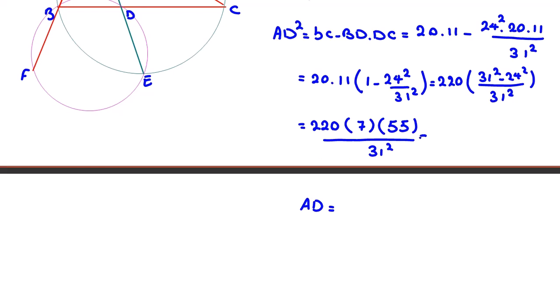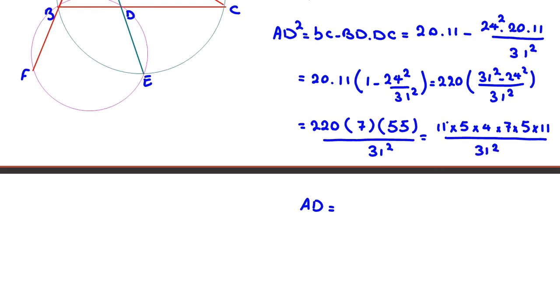We can write 220 as 11 times 20, and 55 also as 11 times 5. So 11 times 5 times 4 times 7 times 5 times 11 over 31 squared.